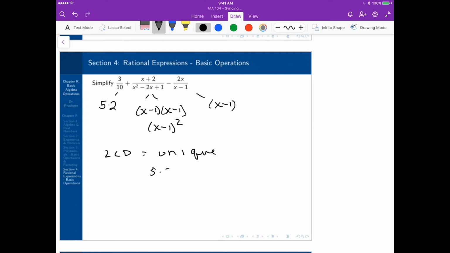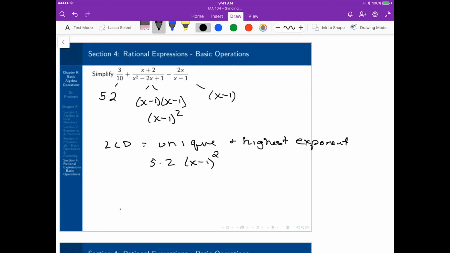So we have a 5, a 2, and an x minus 1, but it needs to be squared because we want unique and highest exponent. 5 times 2, x minus 1 squared. That is our common denominator.